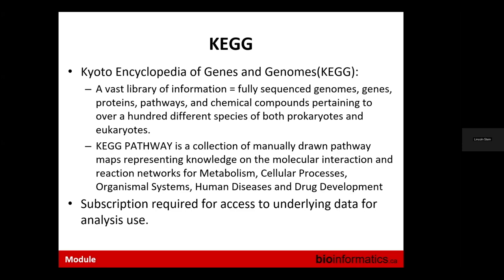KEGG used to be completely open access, but in the last 10 years or so, it's becoming increasingly hard to access the underlying data. You basically now require an institutional subscription to actually download the data set and do analysis across it. What you can do with it now is browse through it and look at the maps.